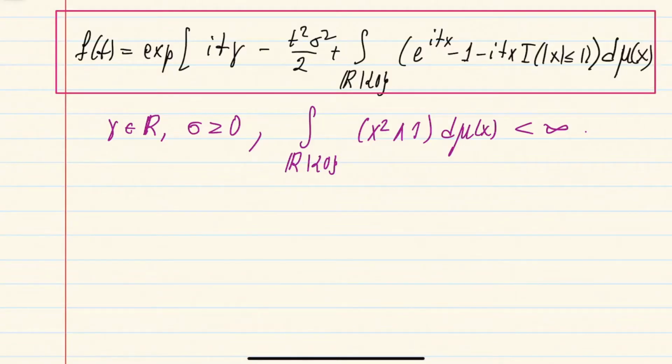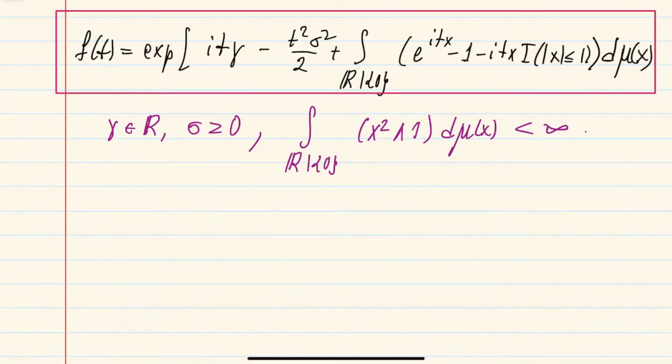In part 1, we showed that a characteristic function of any infinitely divisible distribution can be represented by this formula here for some constant gamma, non-negative constant sigma, and for some measure mu on the real line without point 0, such that the integral of x squared truncated at 1 with respect to this measure mu is finite.